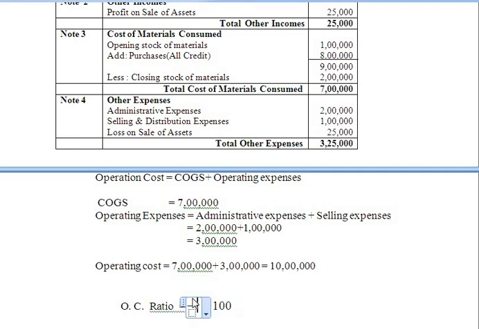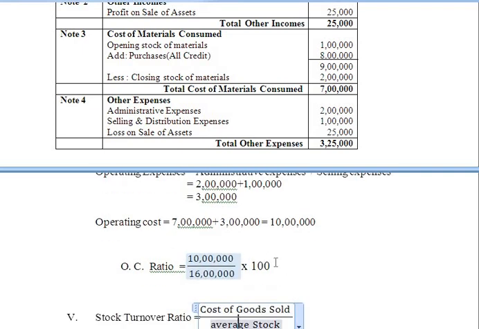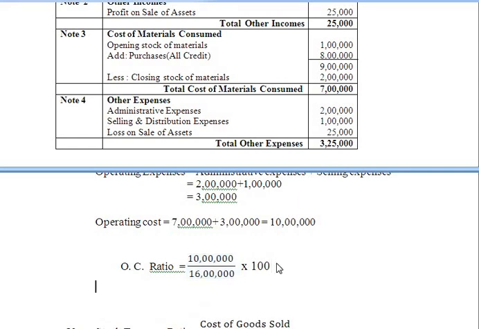So right here 10 lakh divided by 16 lakh into 100 is equal to how much percentage? 62.5%.